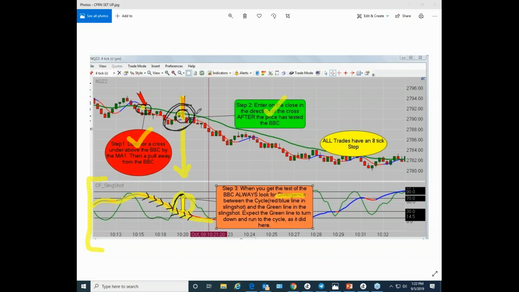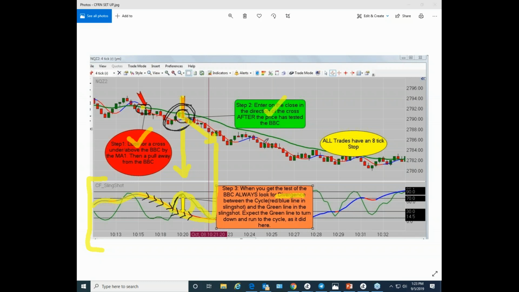Because after that match has been lit, what we expect to happen is this: ultimately this green line is going to come down and get into the cycle. They're going to touch, all right? And it's at this point in the market journey here, the market will make a new pivot low.